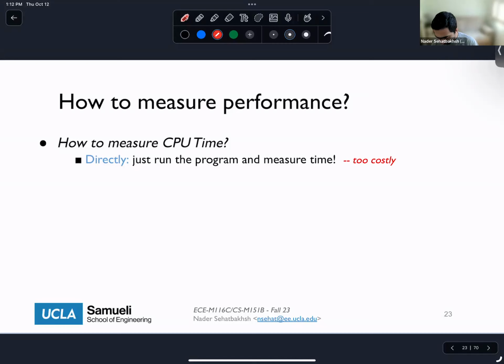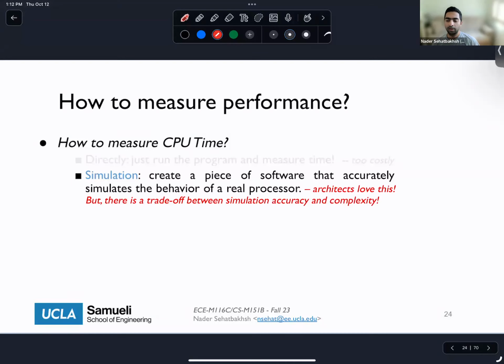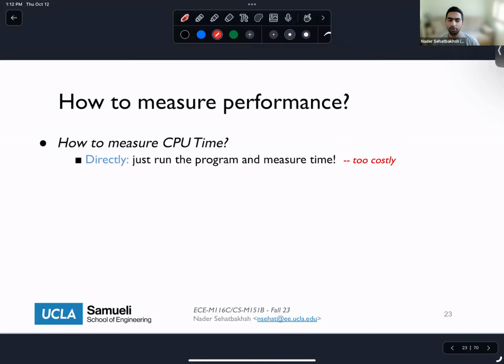The problem with that is that it is usually too costly. The reason is that you need to build the actual hardware and run this on real hardware to actually get the results. And sometimes, for example, in order to know whether just one particular change in your CPU design results in a faster computation or not, building the entire thing is not the best thing to do.